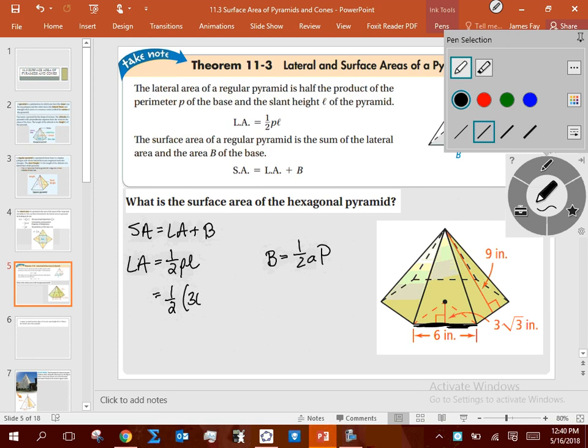So 36. And now L, what is L? What is the slant height of your pyramid? It's this 9 over here. Okay, that's your slant height. So you see how that was kind of easy, right? Because everything was already provided for us. So that's 18, 18 times 9, 162.